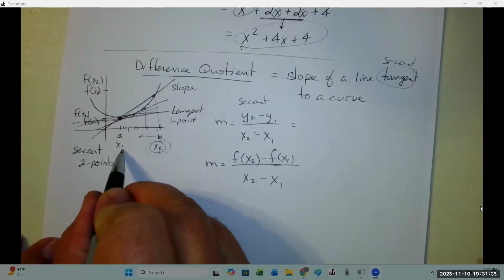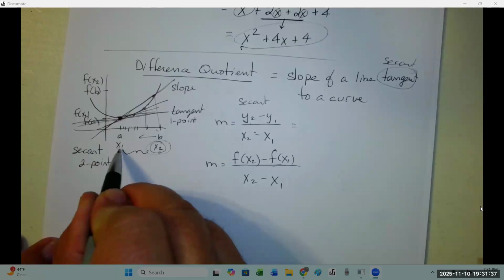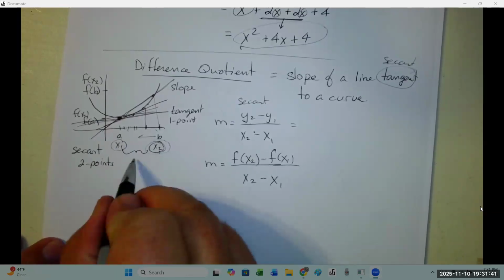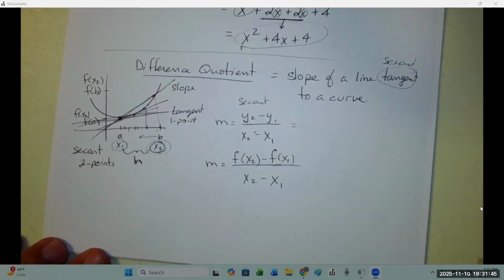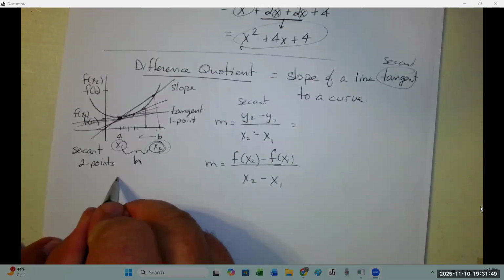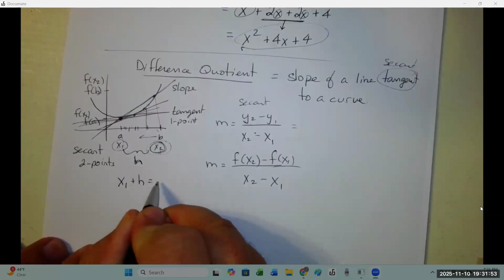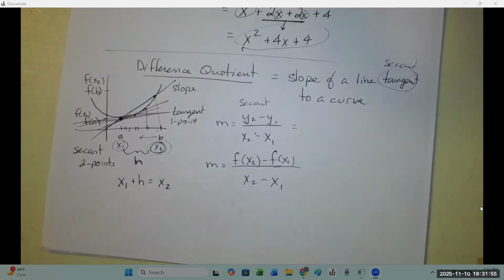So how do we do that? How do we go from point x1 to point x2? We'll call that distance h. So if you start off from x1 and you add whatever h is, you'll end at x2.